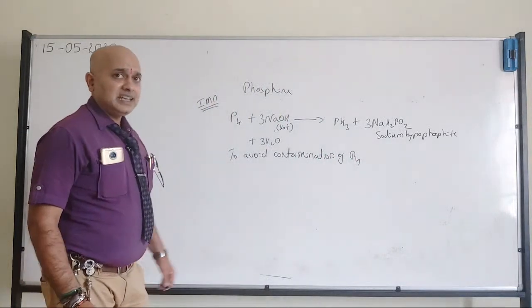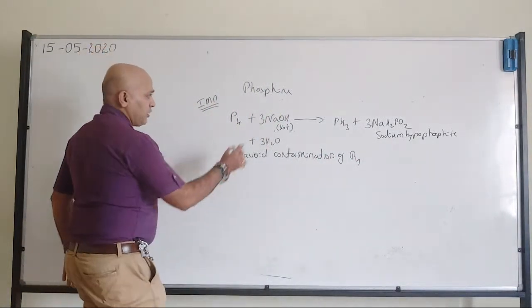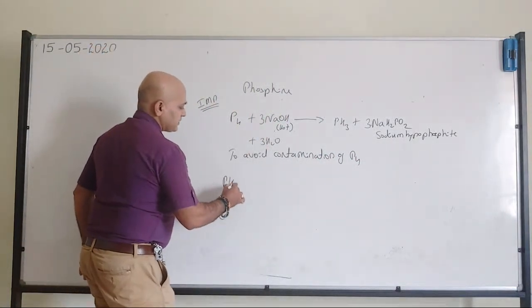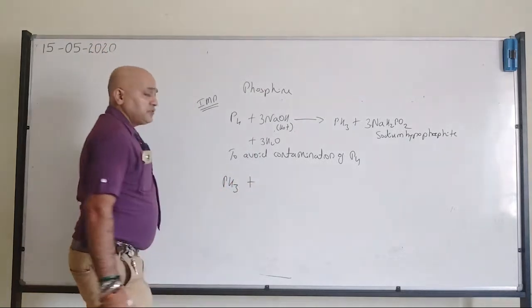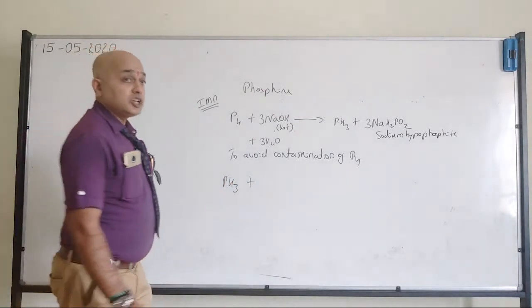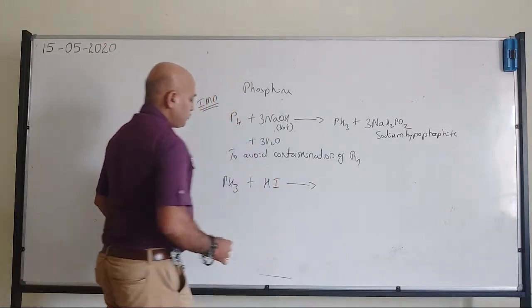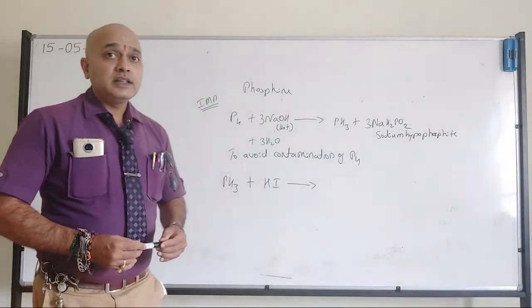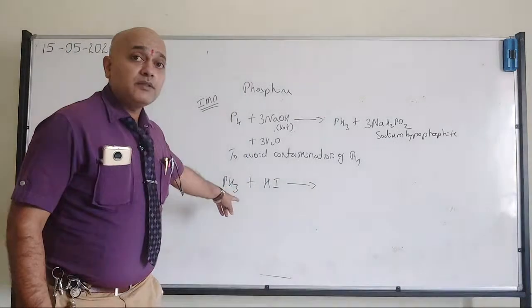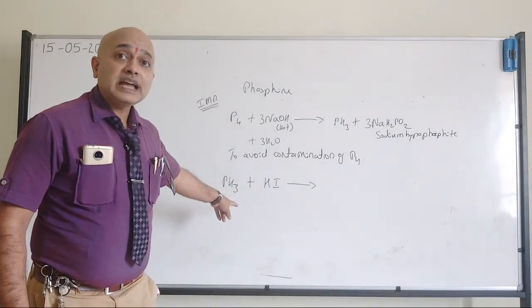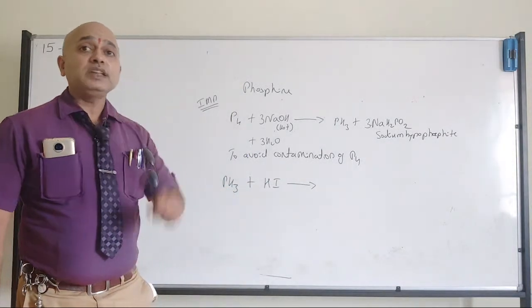whatever PH3 or whatever product is there, it will be made to react with hydrogen iodide. Now this is another example for Lewis base character of phosphine, like ammonia.